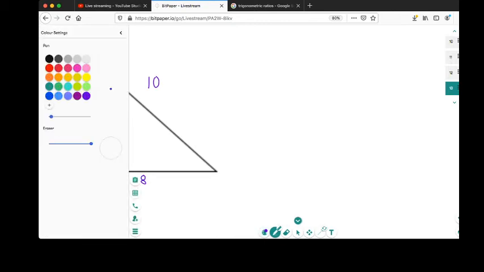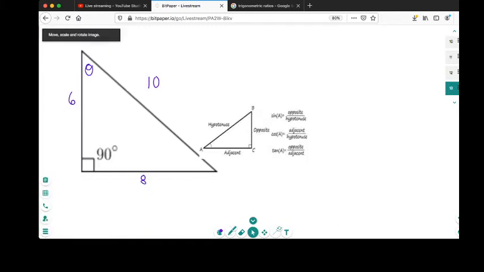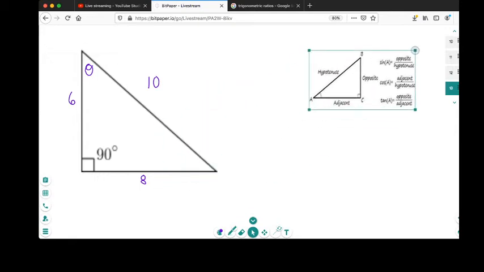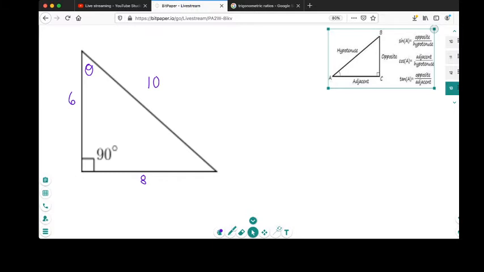Well, if we recall our trigonometric ratios: sine of theta is equal to opposite over hypotenuse, cos of theta equals adjacent over hypotenuse, tan of theta is opposite over adjacent. So what does this mean to us?